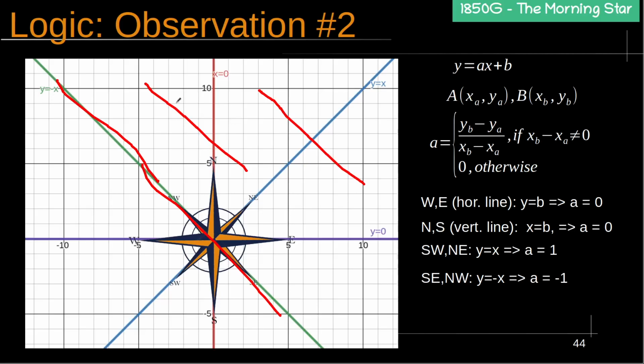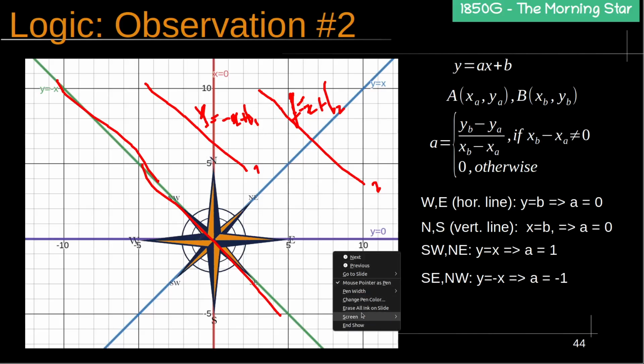For this one, same here, y is equal to minus x. Line 1 is y is equal to -x plus b1. If I call it line 2, minus x plus b2. Okay, b will be different for every line, of course, because they're not in the same position, but they have the same slope.